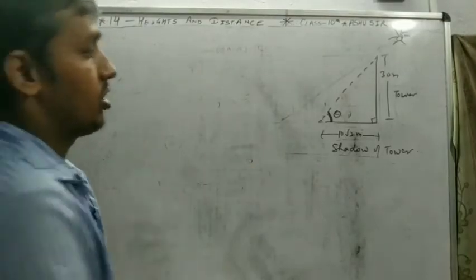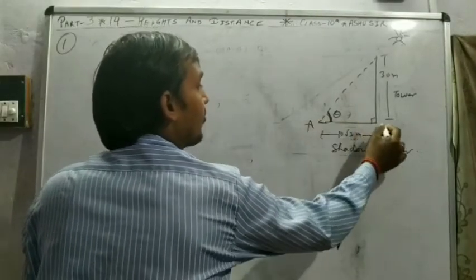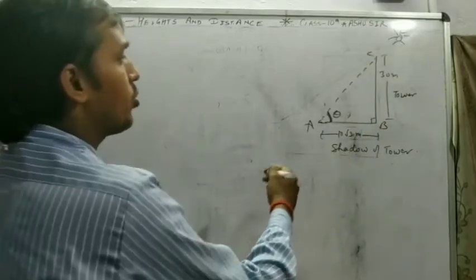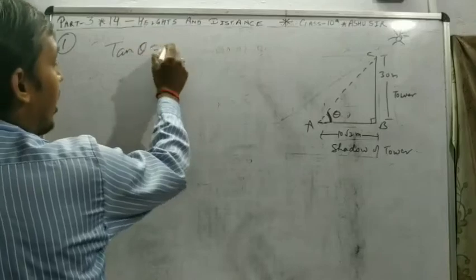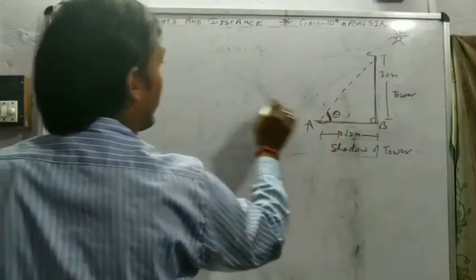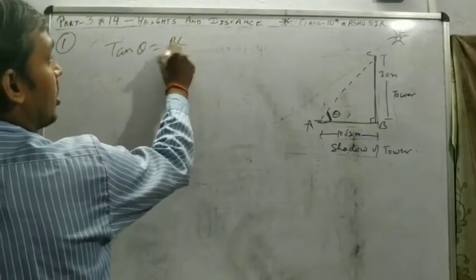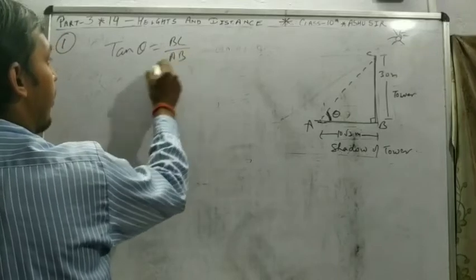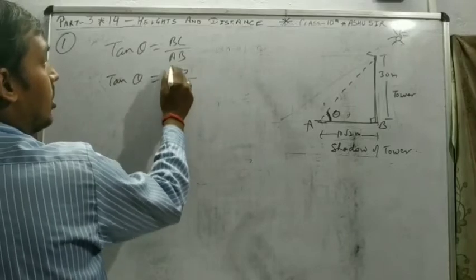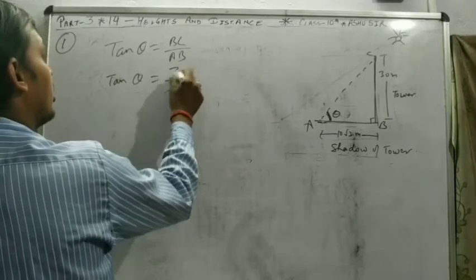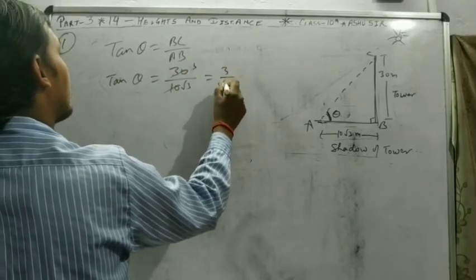So a simple question. I hope you understand the figure, and a simple way to find it is using tan theta. Why? This is perpendicular, this is base, use tan theta. So BC is 30, AB is 10√3, 30 upon 10√3, 3 by √3.